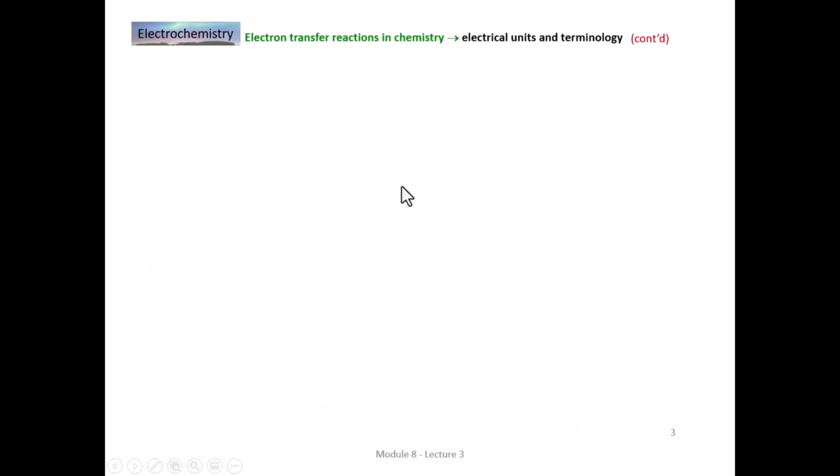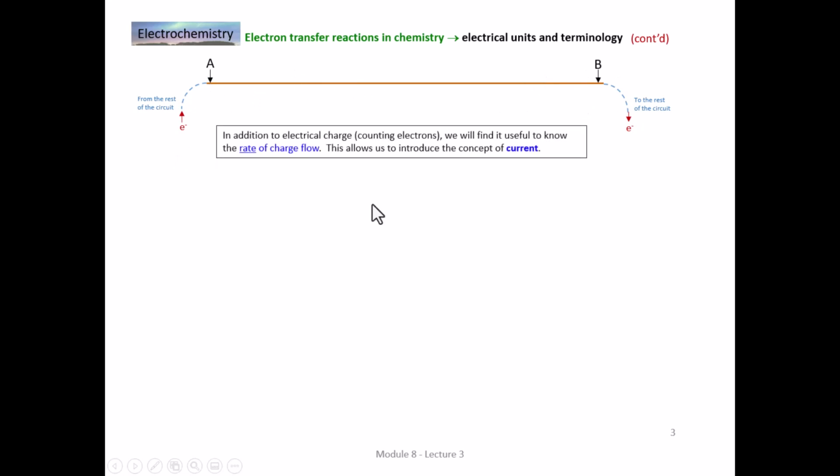Okay, let's put our diagram back up of electrons flowing in a copper wire from A to B. In addition to electrical charge, in which we're counting electrons, we will find it useful to know the rate of charge flow.